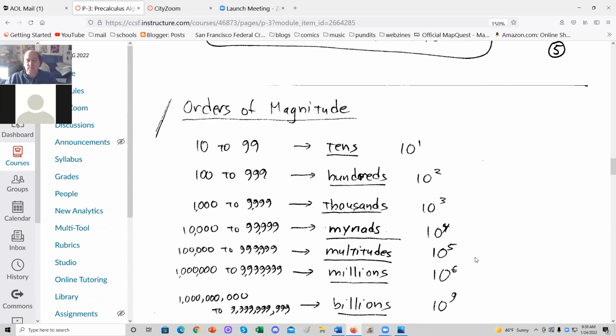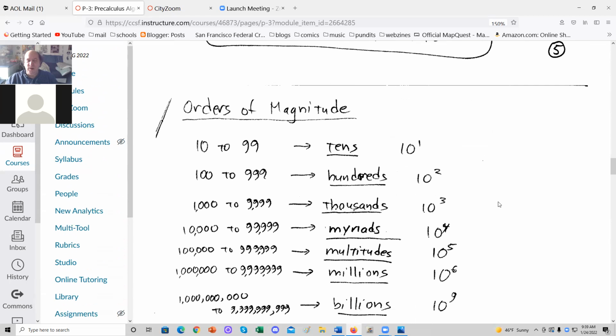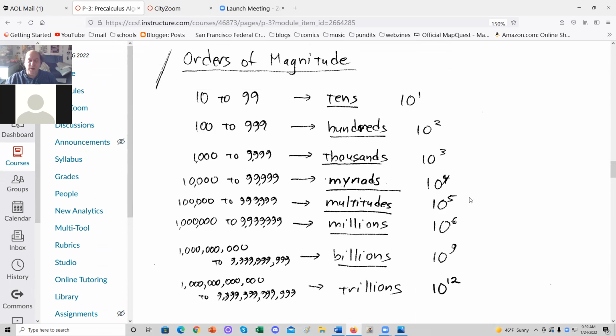Now these orders of magnitude have names of their own, and I think it's worth noting. A number from 0 to 99 is in the tens, so 10 to the first is the order of magnitude. From 100 to 999 is in the hundreds, 10 to the second power.